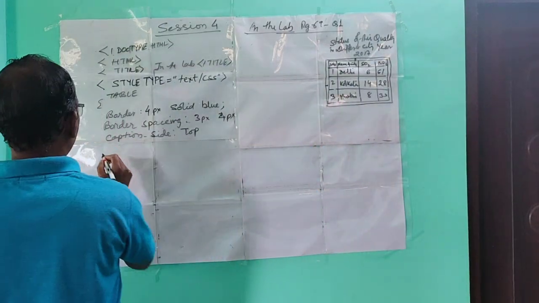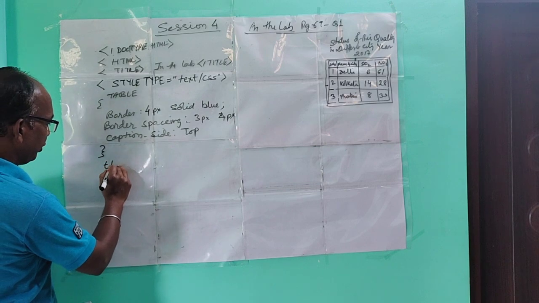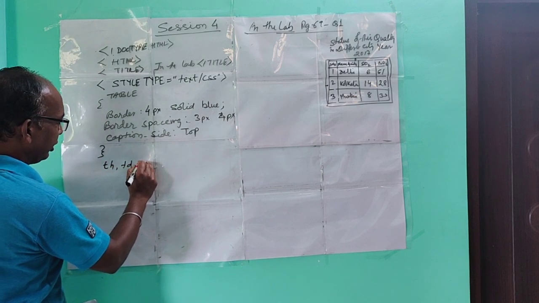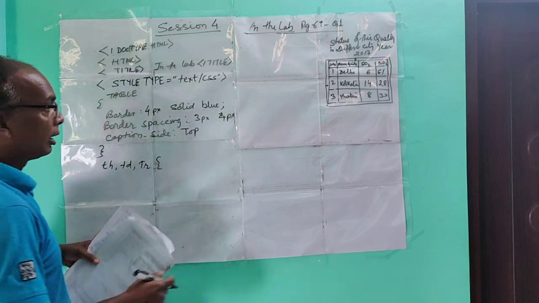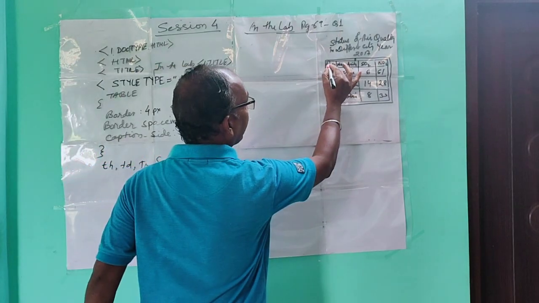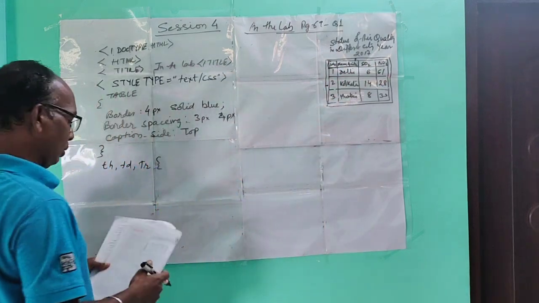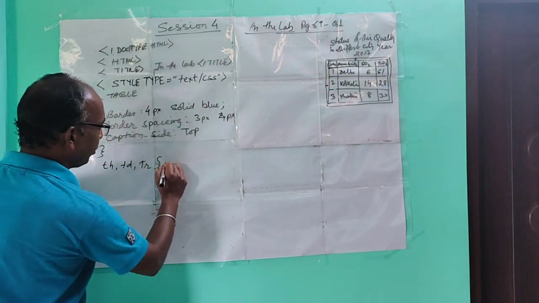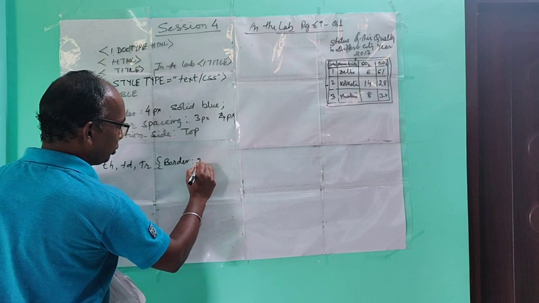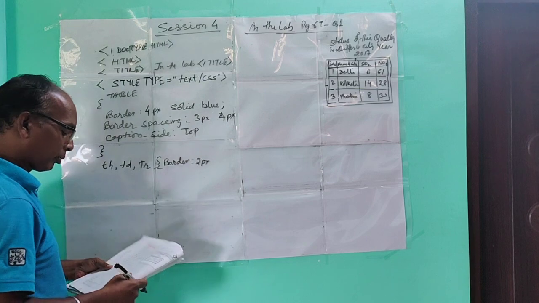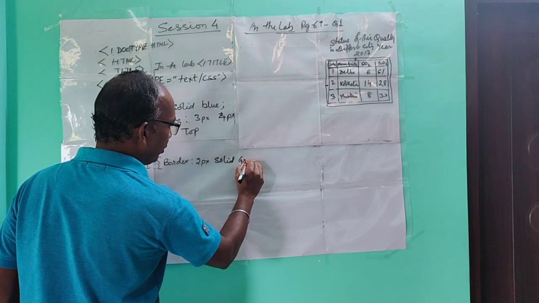Next, curly bracket close, then TH, TD, TR. Here again I am using a border for each and every table cell and row. For that we have to use border 2 pixel, color is green.